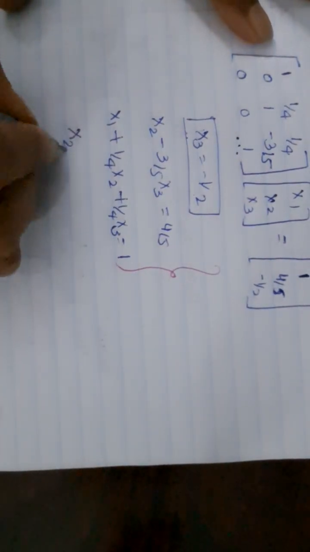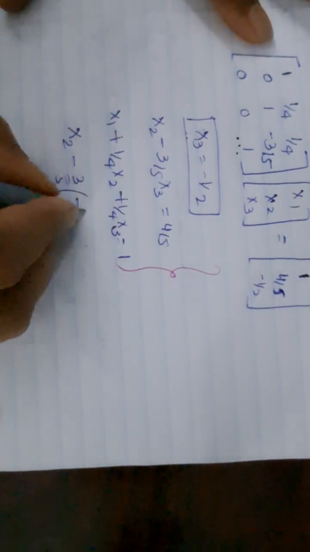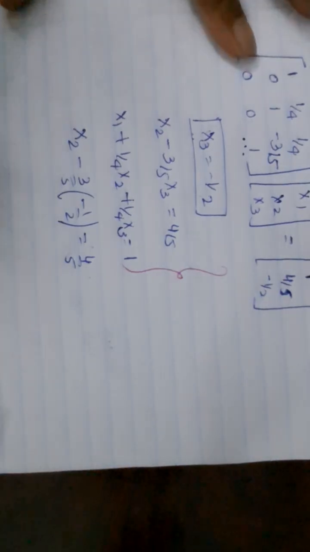From here it is clear x3 value is negative 1 by 2, that I'm going to substitute in this equation. So x2 minus 3 by 5 times negative 1 by 2 is equal to 4 by 5. So this will give me x2, negative into negative is positive, 3 by 10 equal to 4 by 5.